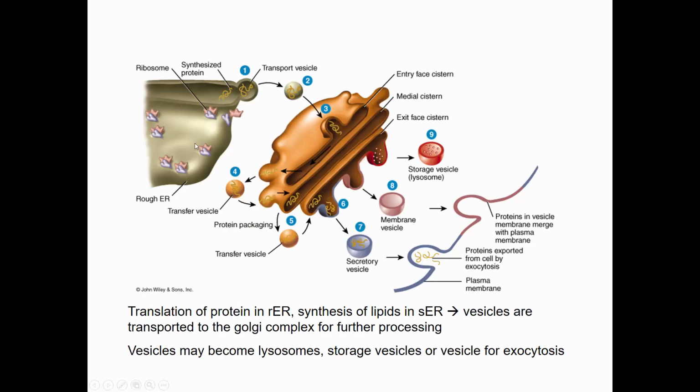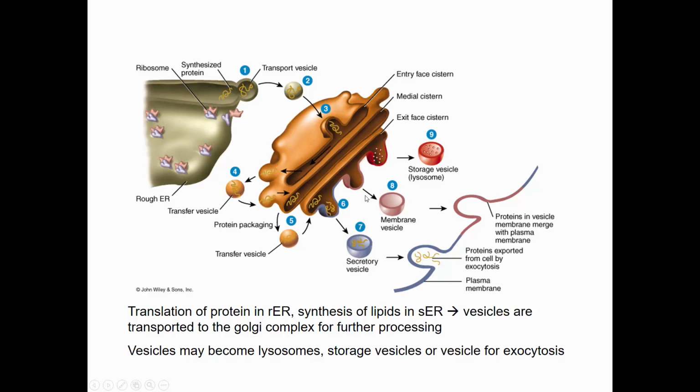Here's another beautiful picture of protein synthesis. So we have our little ribosomes that are translating a piece of messenger RNA, and now we have the protein inside the rough ER. It's packaged into a transport vesicle. It merges with the Golgi apparatus, and then it gets processed and labeled. So it's been processed, now this is a lysosome.